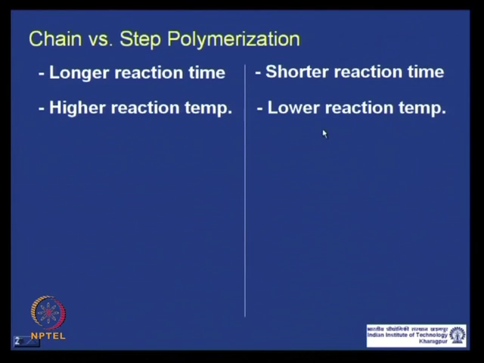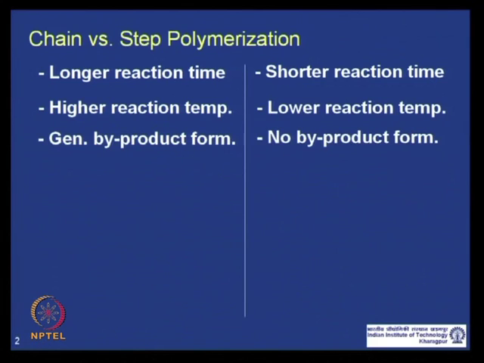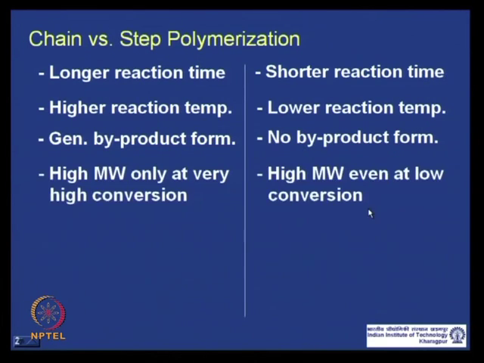And in the other case of chain reaction, you can do it at lower reaction temperature as well, because the reactivity of these monomers is quite high. In case of step growth polymers, you generally get a byproduct, but there are examples where this reaction happens without byproduct formation, and in case of chain polymers there is no byproduct formation.